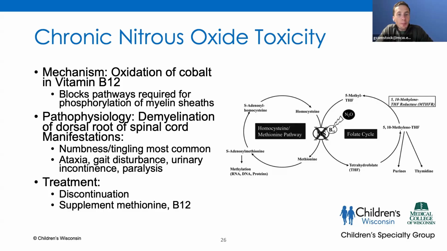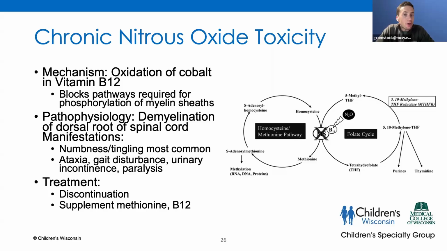If you're starting to develop myelinopathies, you can start to see numbness and tingling. I'd say that's most common. But it can progress to becoming quite severe, where you can see ataxia and gait disturbances, urinary incontinence, and paralysis, to the point where people can be long-term wheelchair bound and have a substantial loss in function.